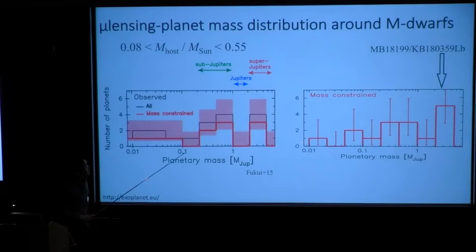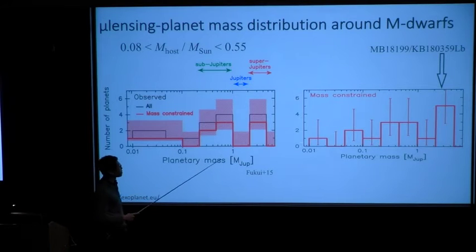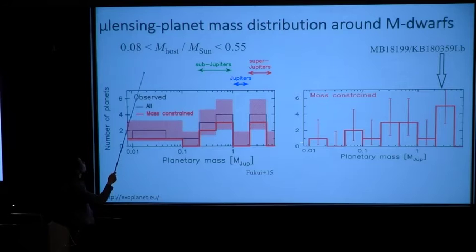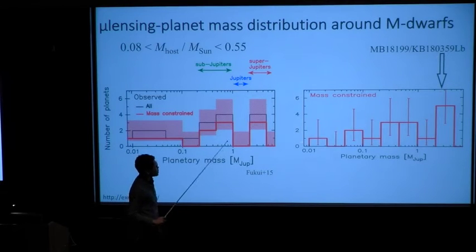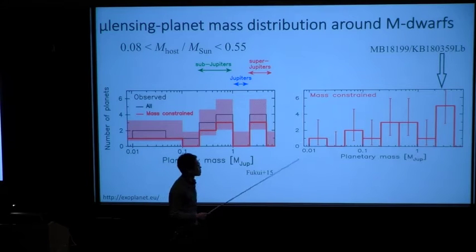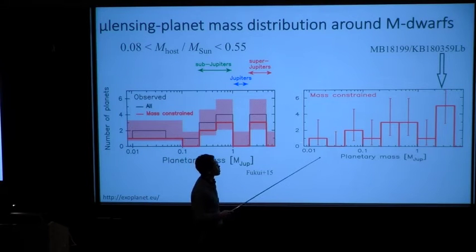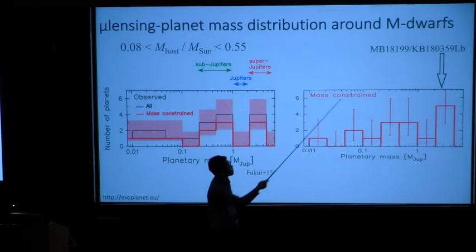And the left panel is showing the previous mass distribution from Fukui et al. This red histogram is the mass distribution for giant planets by microlensing, and the host stars are low mass stars. So I updated this figure, including the recent discoveries of microlensing and also this event.